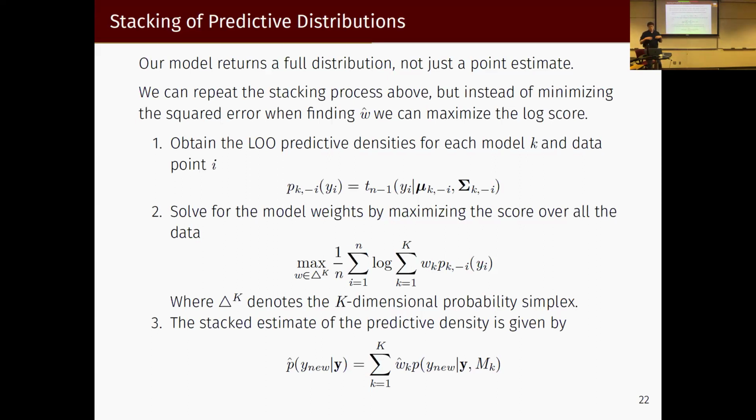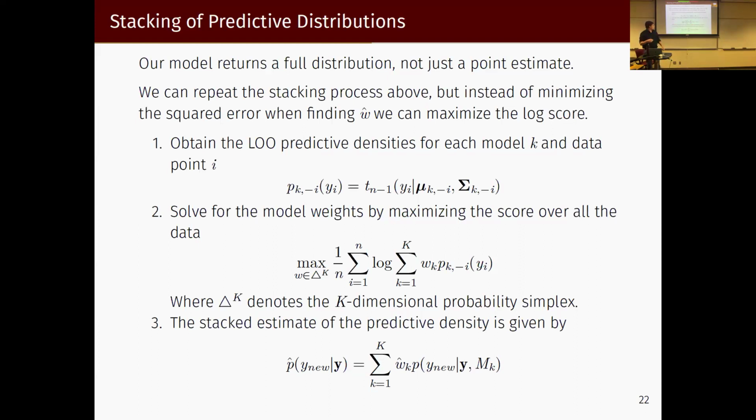So instead of doing the squared error loss, we're gonna use the log score. And now we have to find the maximum. We're gonna maximize the score over these weights in the simplex of the posterior predictive distribution at y_i. So the higher the likelihood p_k minus i at y_i is, the more we like, right?